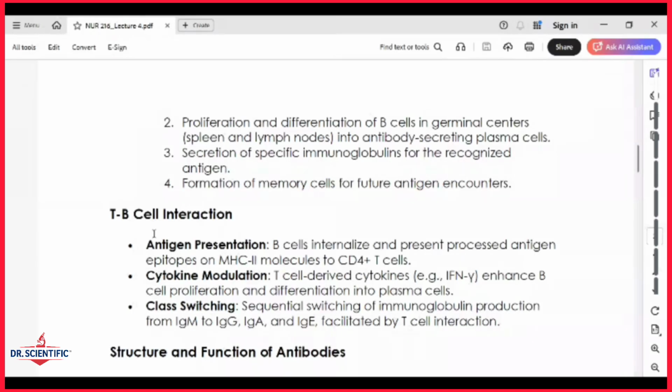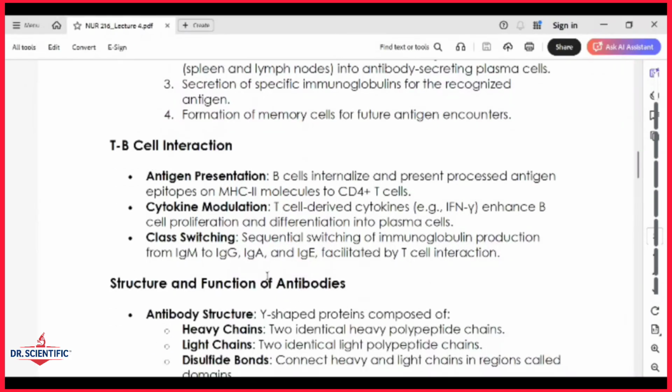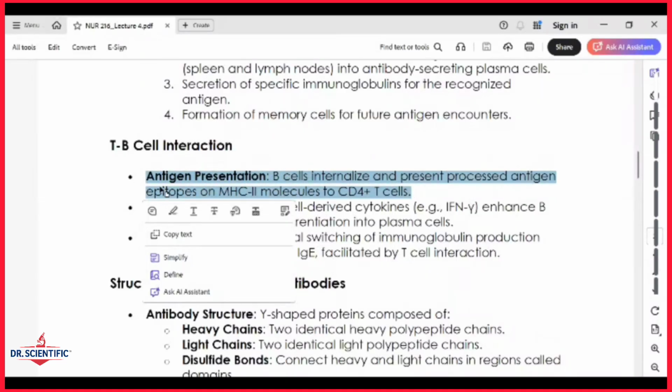T and B cells are interacting via the T cell receptor and via the B cell receptor. That is where the interaction is happening. As this interaction is happening, you remember, if it's antigen presentation, B cells are interacting with T cells, but they require costimulatory molecules.